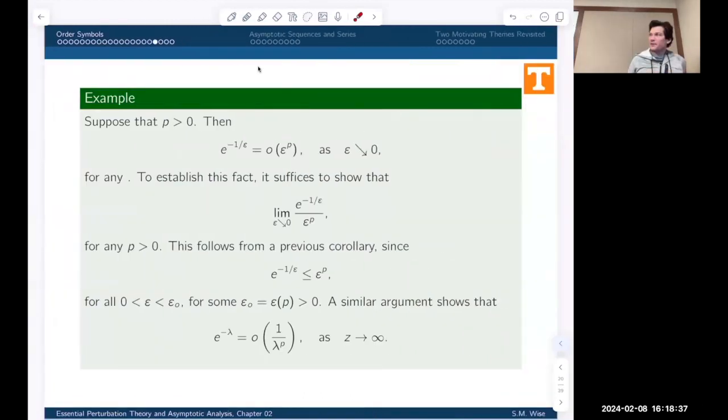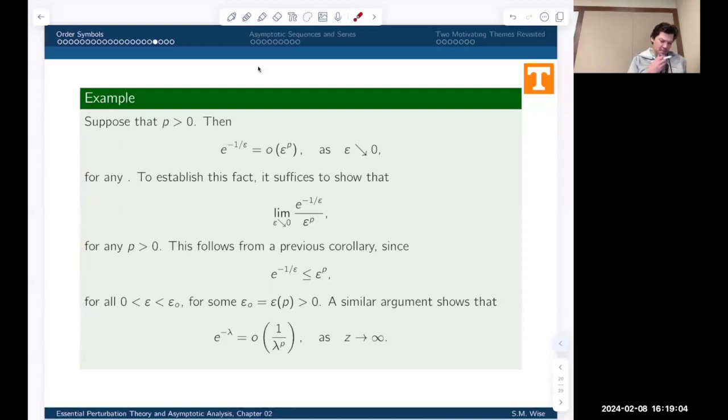Let's go to another example. So now that we have this cool little tool for proving that two functions are little o of each other, I can use that to do some examples in a fairly slick sort of way. Suppose that p is greater than 0.